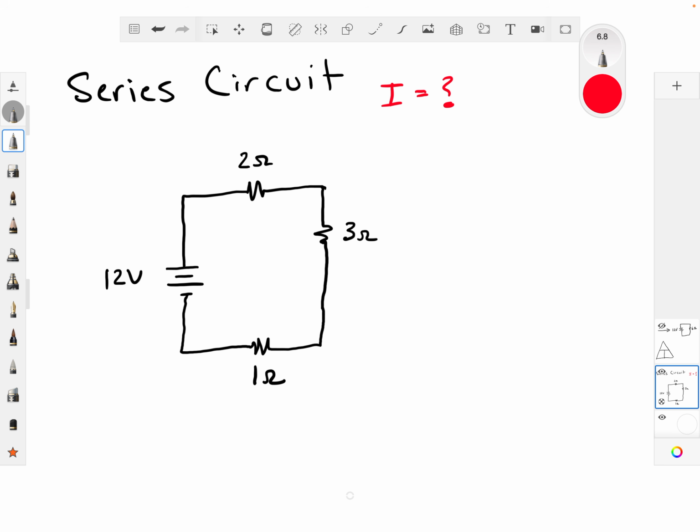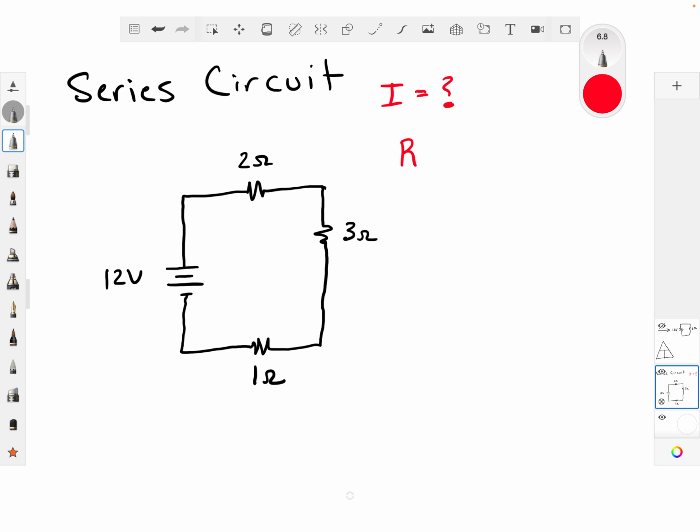Well, for all the circuits, what we're going to want to do is combine the resistors. So we're going to combine the total resistance of this circuit. If I go to the reference sheet that you have, the Choose Arrow reference sheet 101, you will see on page 7 there's a group of equations, and if I go to resistors, it's going to say series and parallel, right?